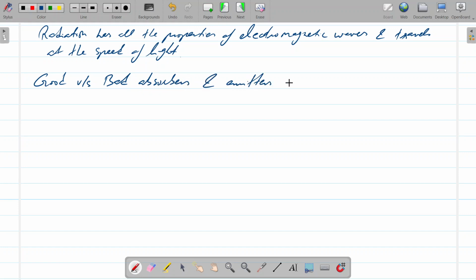So there are also emitters of radiation, and I'm covering both of those together. And so they mention an experiment where they're providing heat to two different surfaces. So this is the first one. We were talking about absorbers.